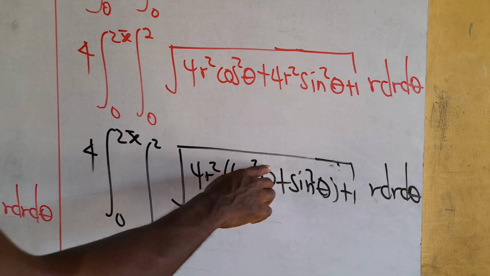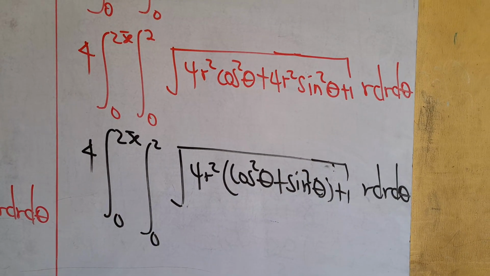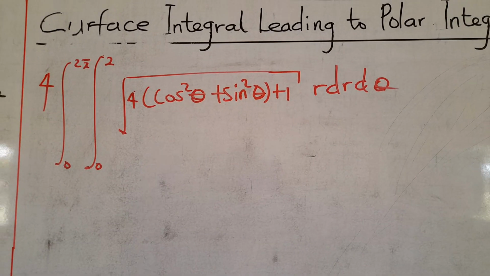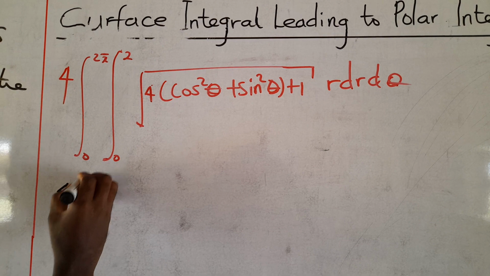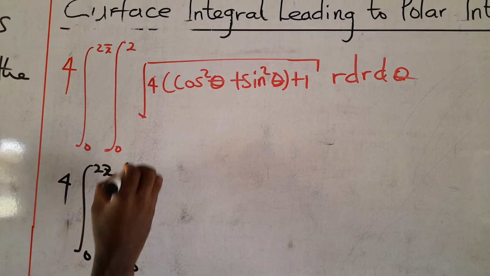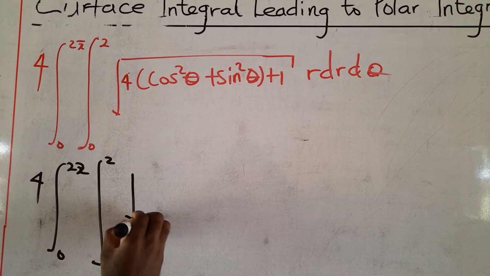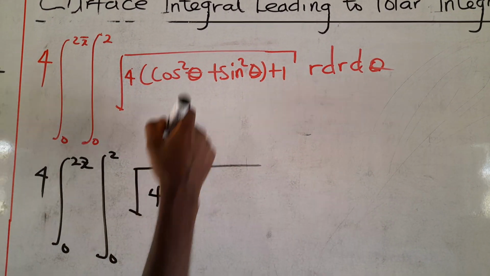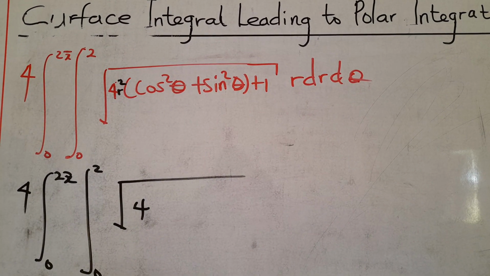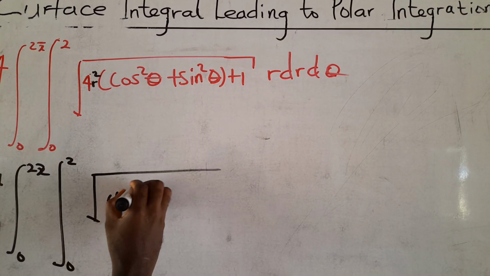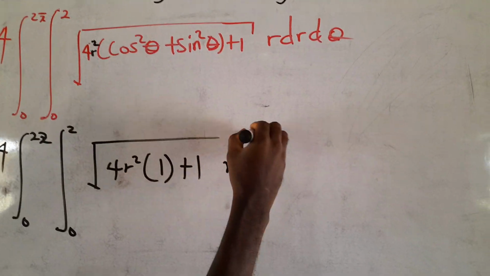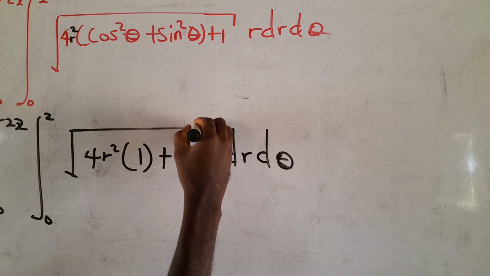So remember, cos squared theta plus sin squared theta is nothing but 1. So in place of all this, it will be 1. So when we simplify further, we have 4 times the integral from 0 to 2 pi for theta, the integral from 0 to 2 for the radius, of the square root of, remember we factor out 4r squared, so we have 4r squared times 1, plus 1, times r dr d theta.